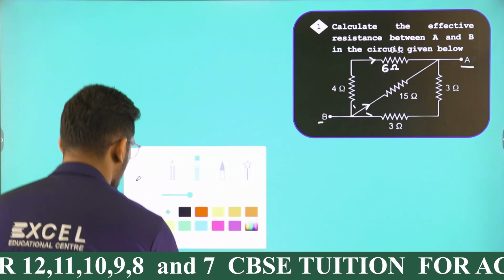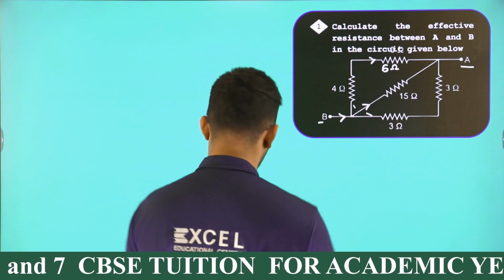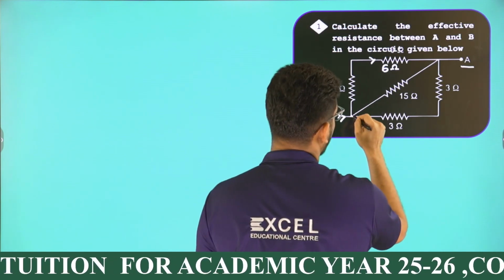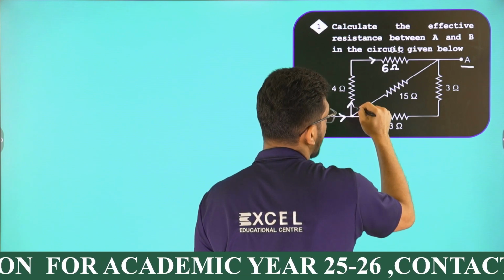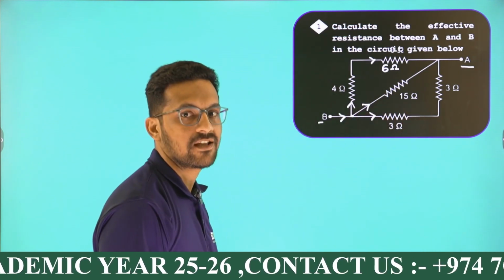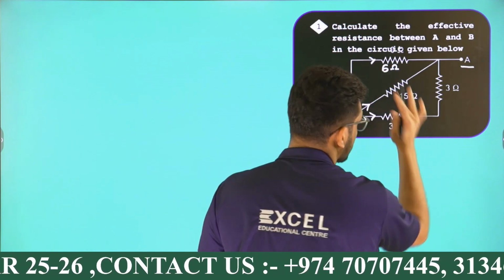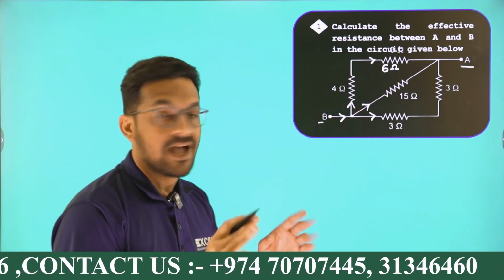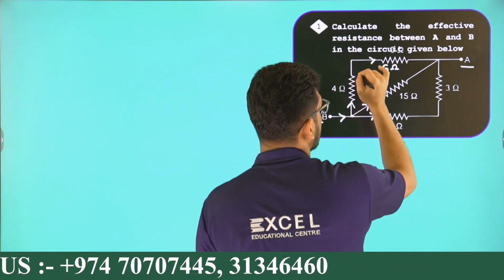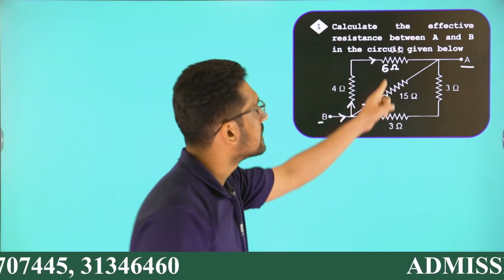Let's see that. Current is coming like this. Then what happens to the current at this junction? The current will be splitting through these branches like this. That makes this branch, this branch, and also this branch in parallel. Now the same value of current that is passing through 4 ohm is also passing through this 6 ohm.